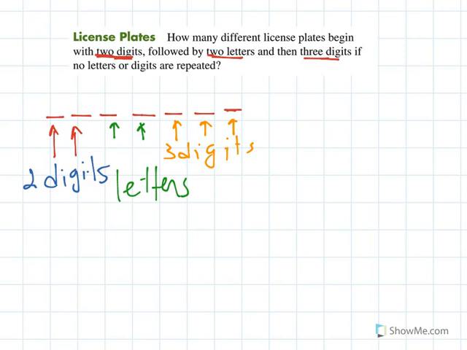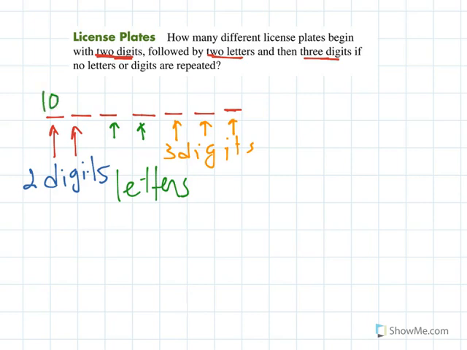So the way to think about this is no repetition means not every space is going to get the same value. For example, if I start the first digit as 9, the second one cannot be 9. And also the 3 digits at the end cannot be 9. So for the first digit, how many possibilities do you have? You have 10.